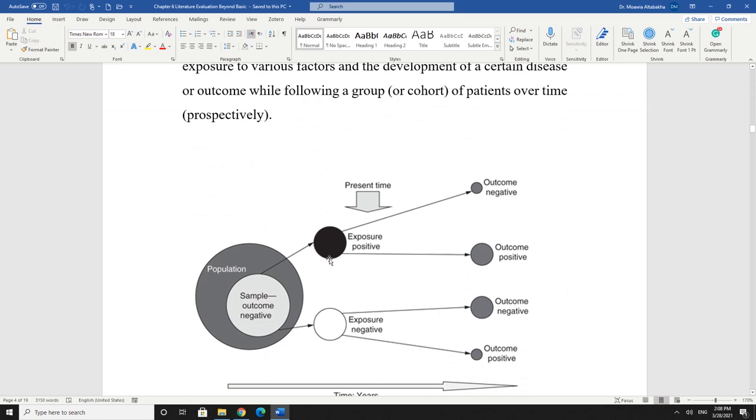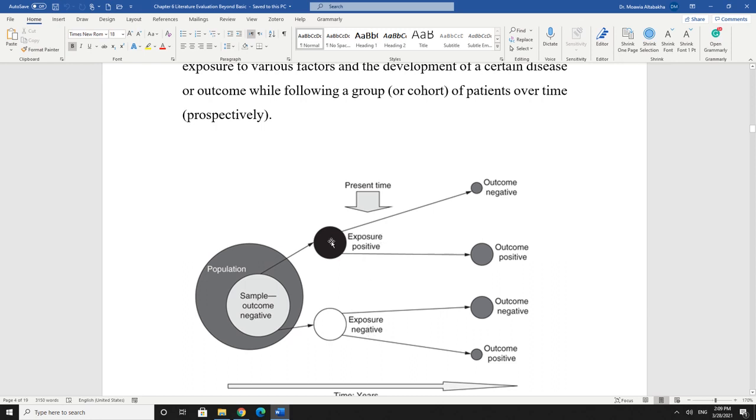Okay, this is a diagram representing the cohort study. You are taking a sample from the population. Of course, this sample does not have the outcome, meaning none of them have cancer. But some of them are working in chemotherapy, exposure positive, the risk is present here. Some of them are not working in chemotherapy, so I will consider them as exposure negative.